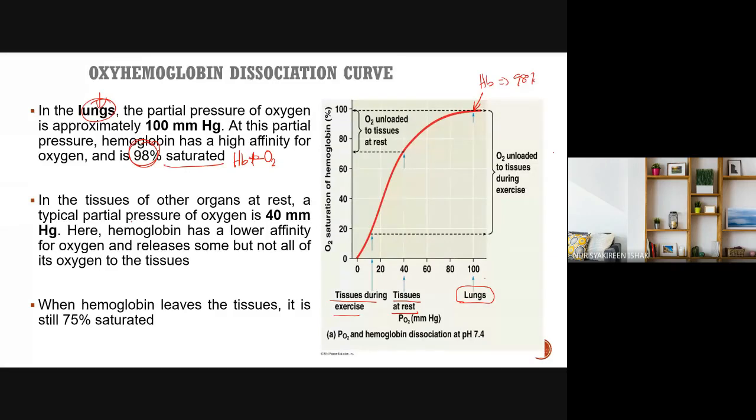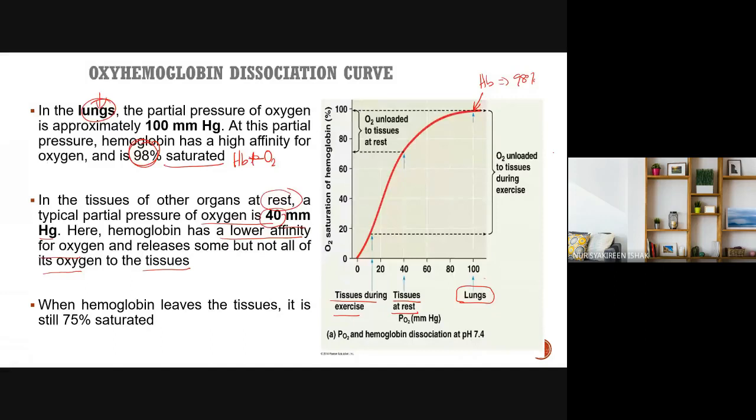So in the tissues of other organs at rest, ini pada dalam keadaan yang relax, kan, tak perlukan banyak oksigen. So a typical partial pressure of oxygen is around 40 millimeter mercury. Here, hemoglobin has a lower affinity for oxygen and releases some but not all of its oxygen to the tissues.